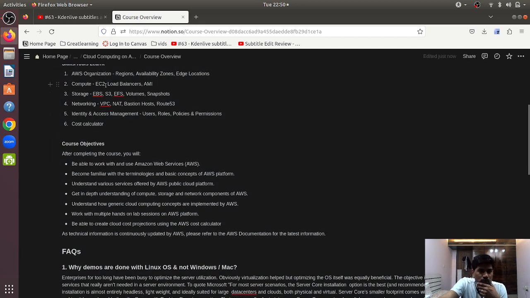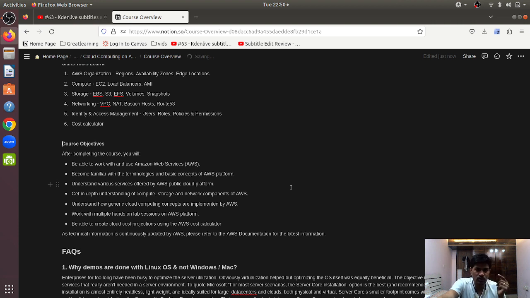After completing this course, you will be able to work with and use Amazon Web Services and become familiar with the terminologies and basic concepts of the AWS platform. Understand various services offered by the AWS public cloud platform. Get an in-depth understanding of compute, storage, and network components of AWS, because these are the three important components.